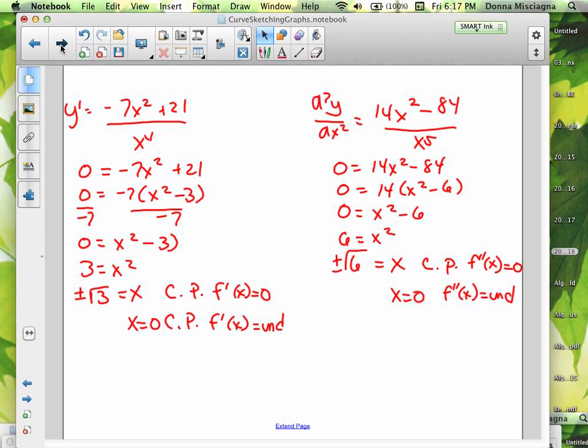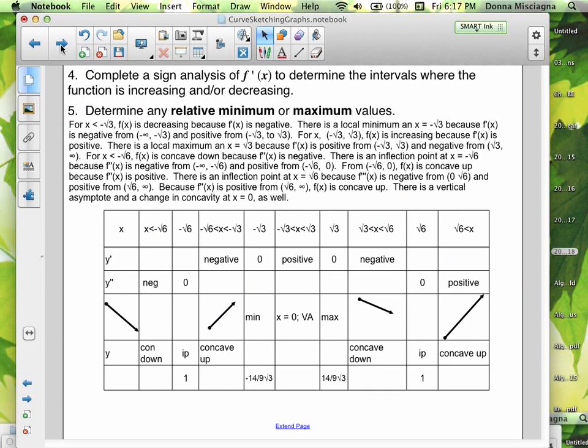So here's our sign chart, and if you notice, I've divided this into intervals. I'll go through this really quick now, because I think you've got it all in your notes and graphed. Here are my x values. I've got x less than negative square root of 6. That was the smallest critical point, where our second derivative was 0.